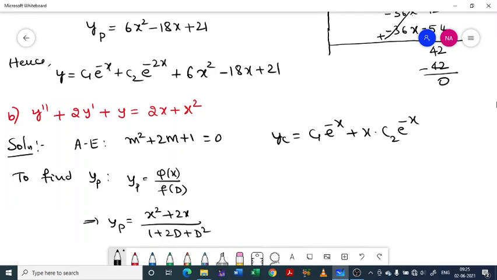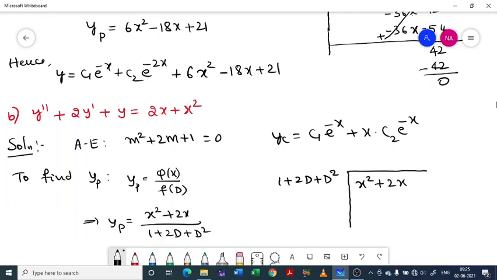Now come to here. Here x square plus 2x.